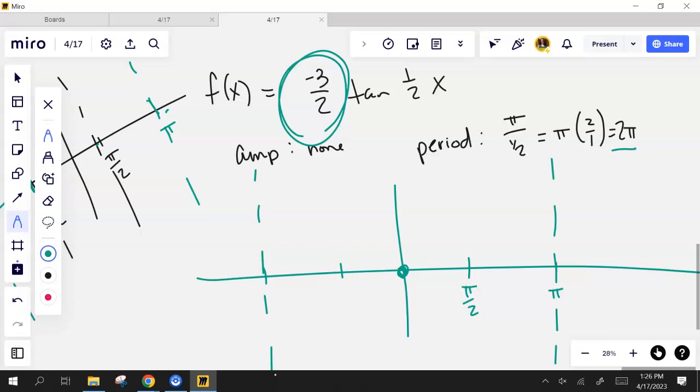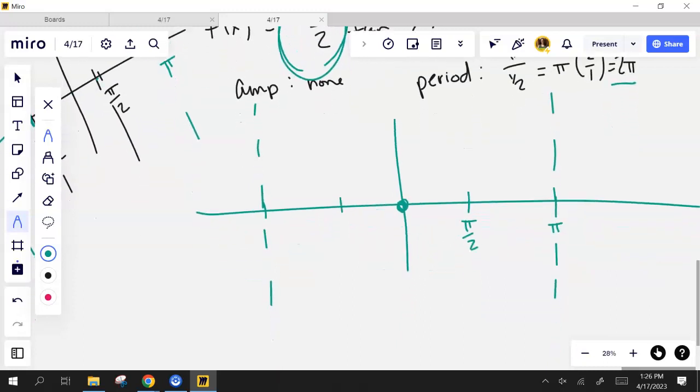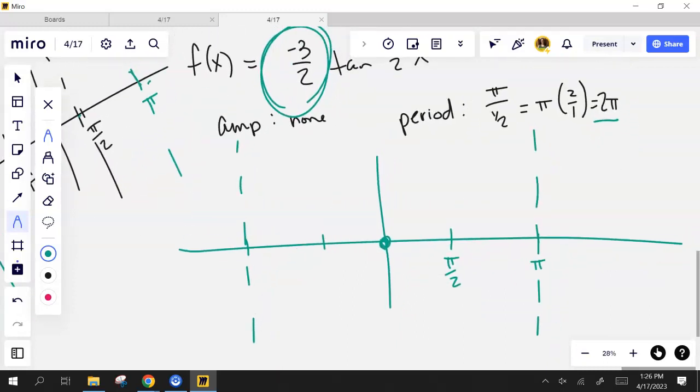Pi is 3.14. So I'm going to go over about pi and down 1, 2.